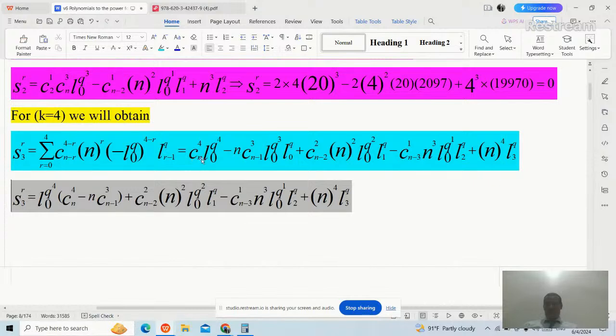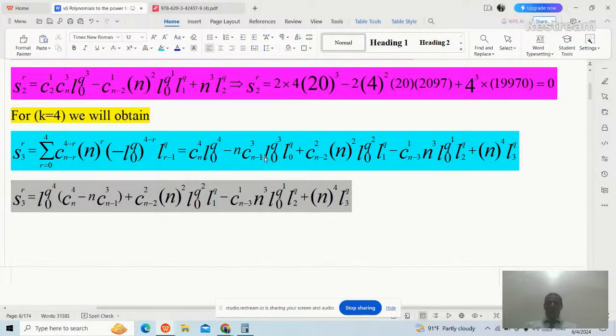When r equals 0, you will obtain combination n choose 4, L0 for the q raised to the power 4. When r equals 1, you will get minus n combination (n - 1) choose 3, L0 for the q raised to the power 3 times L0 for the q.